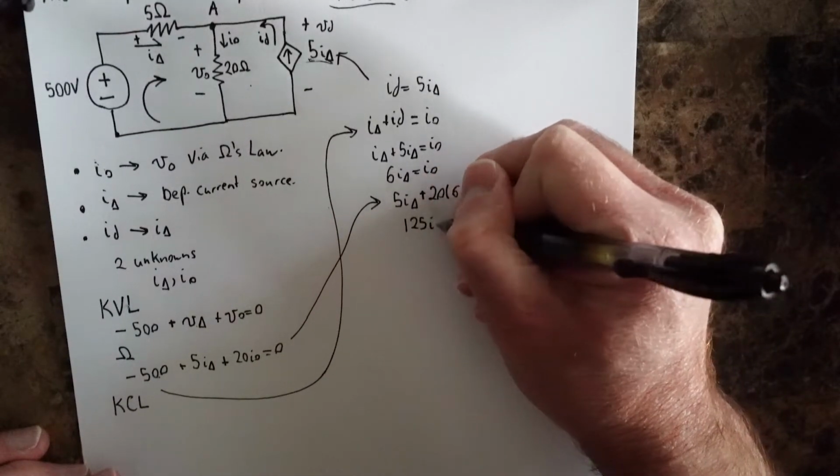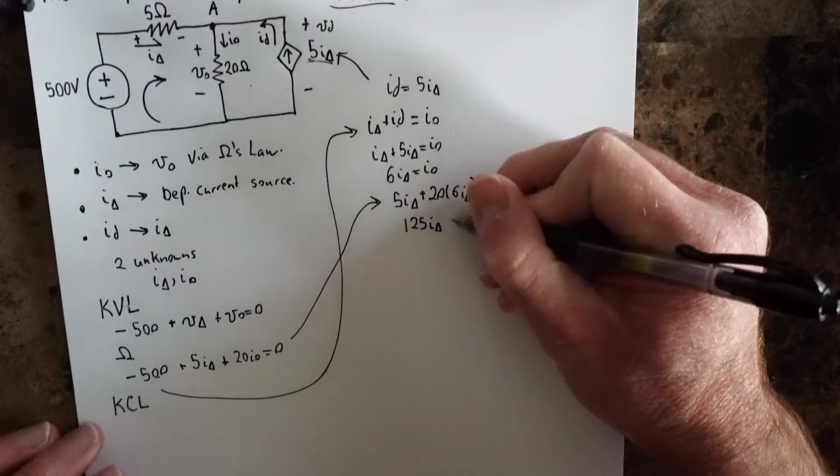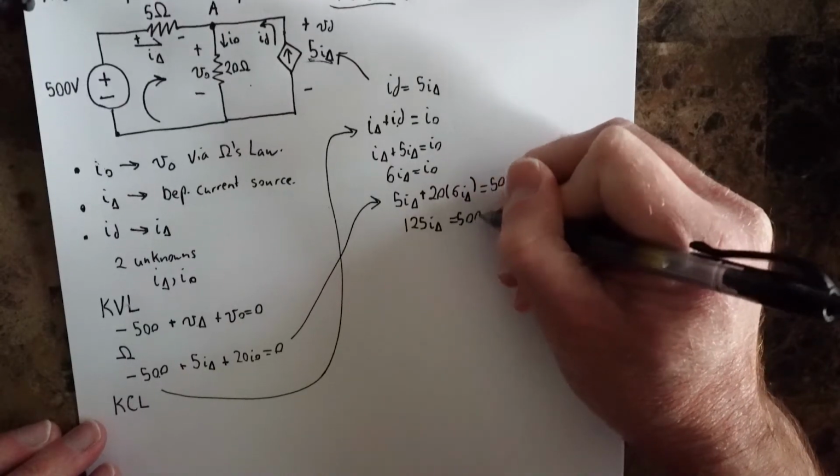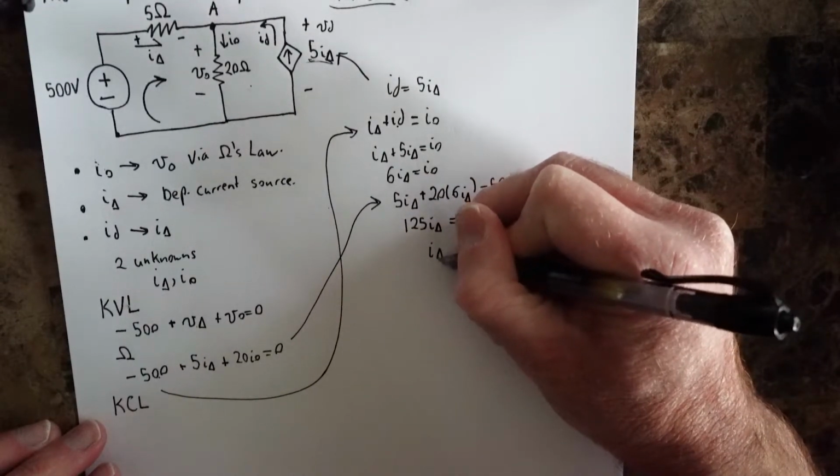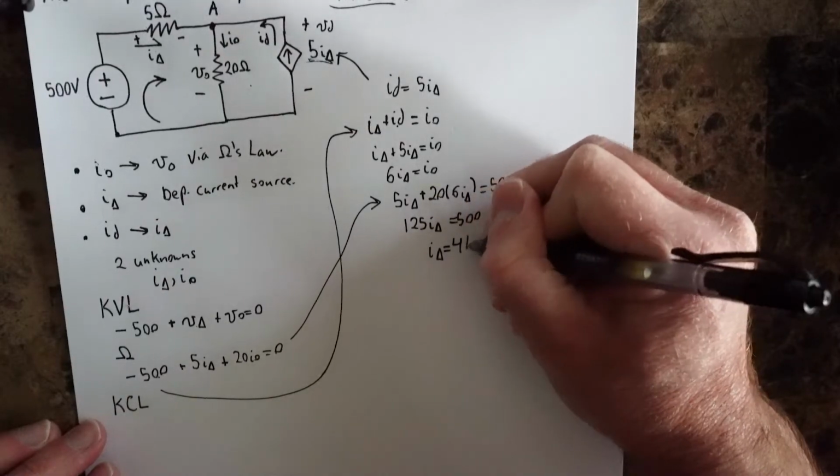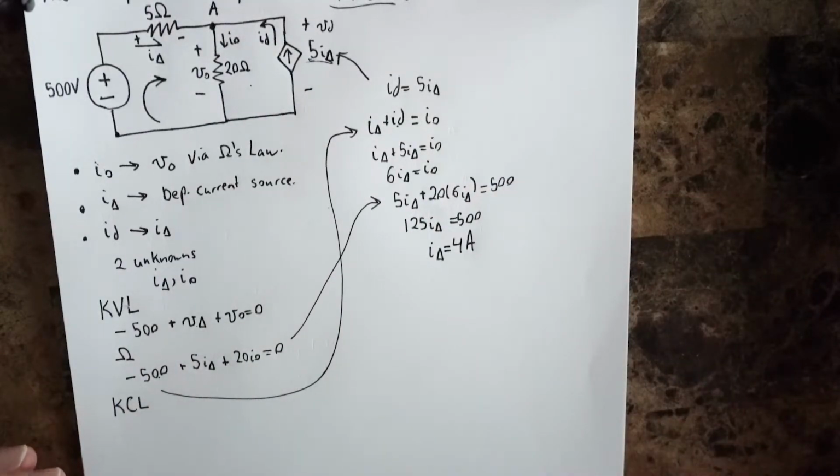Simplifying this gets us 125 I delta equals 500. Then I delta is equal to 4 amps.